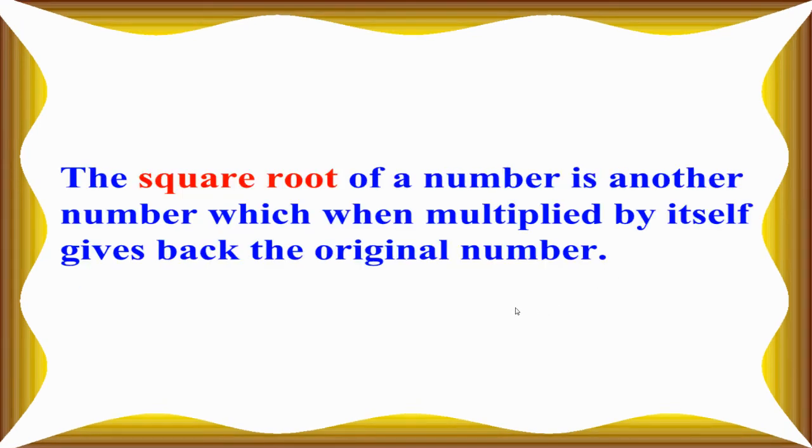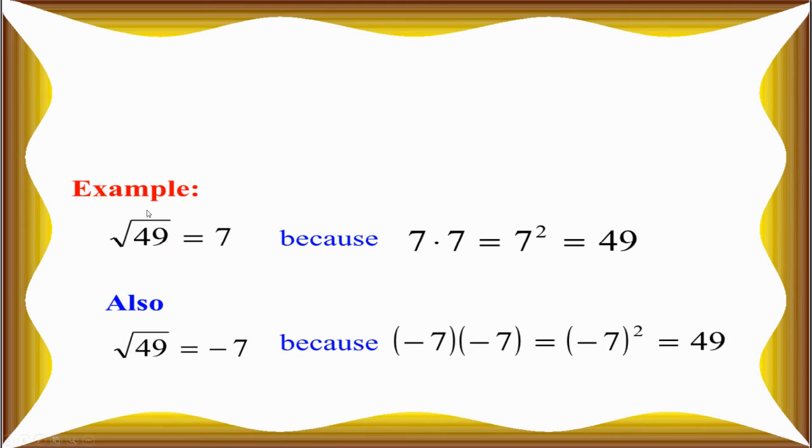The square root of a number is another number which, when multiplied by itself, gives back the original number. What does it mean? It's like this. For example, the square root of 49 is equal to 7, because 7 times 7 is equal to 7 squared, which is actually 49. 49 is a perfect square. Or if you want to check, you can also divide 49 by 7.